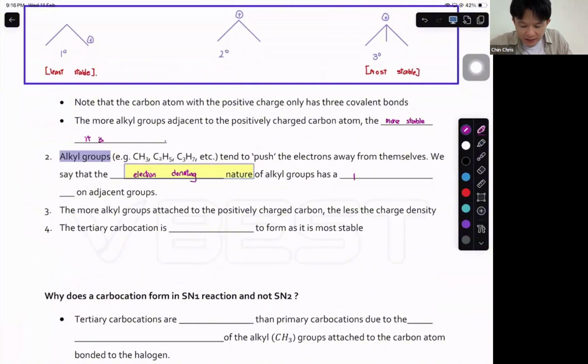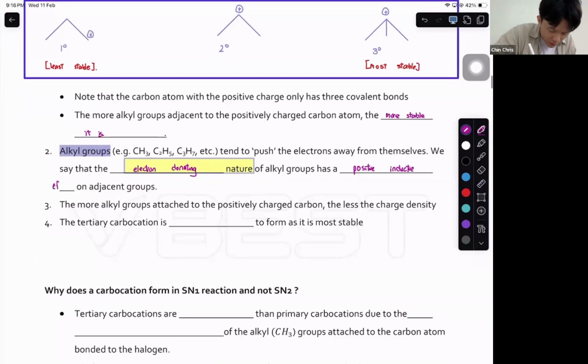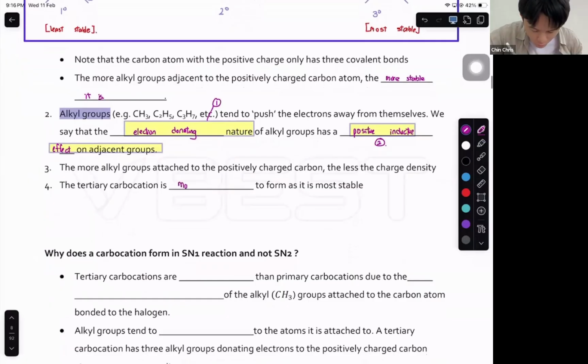And this electron donating property always has a positive inductive effect on other adjacent groups. Positive inductive effect. First point, second point. So the tertiary carbocation is the most likely to form, for one reason: it is the most stable.